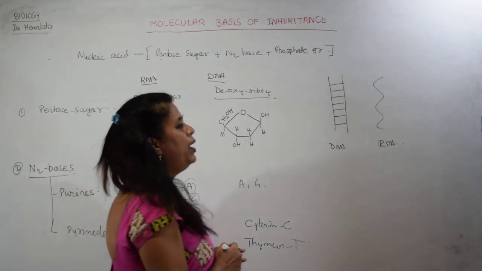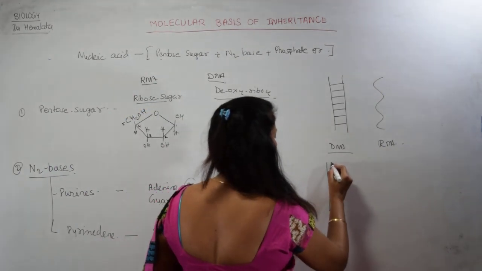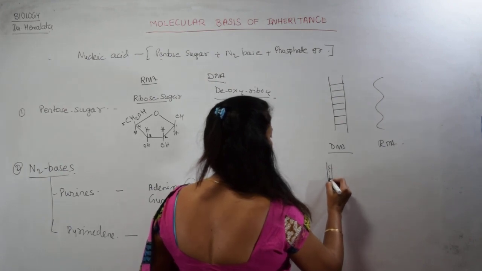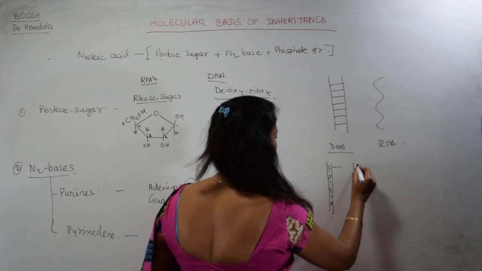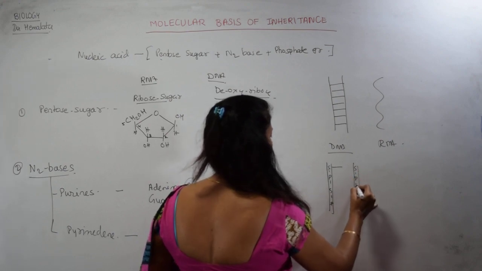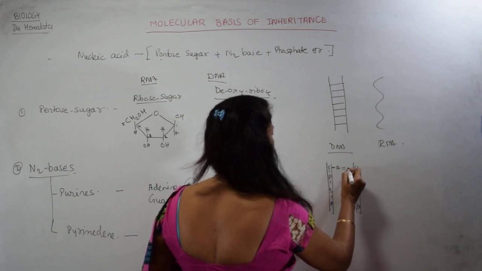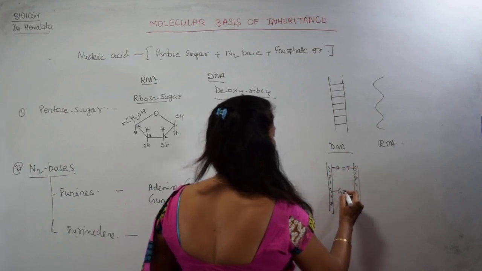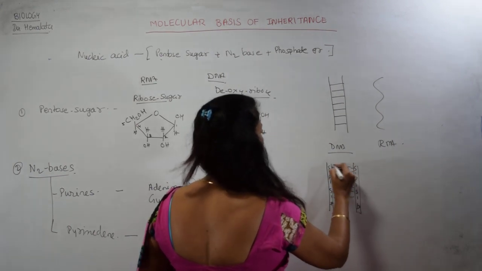Okay. Now, another thing, there is base pairing happening in DNA, right? How exactly do bases pair? In DNA, there will be a strand with a sugar phosphate backbone, and the next strand with a sugar phosphate backbone, connected by adenine to thymine, guanine to cytosine, and so on. This is the ATGC pairing.